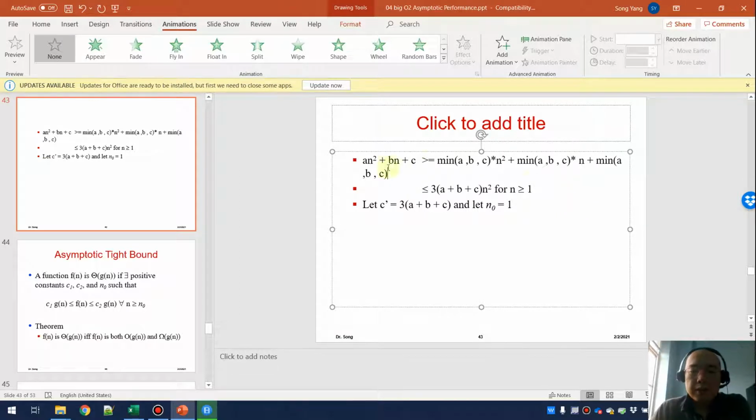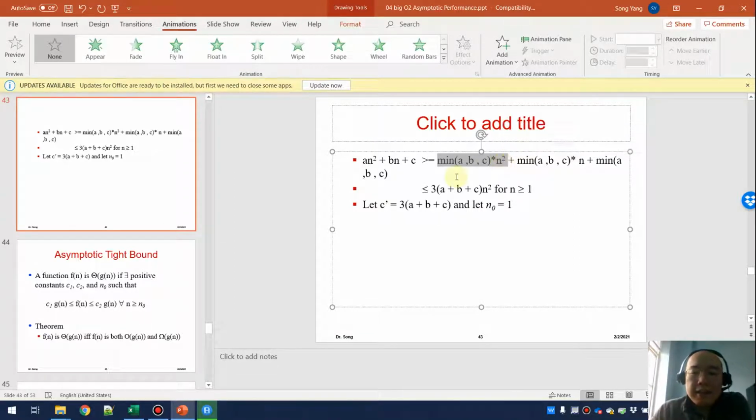The trick is that I am going to find the smallest value among a, b, and c. Then a n squared is guaranteed to be greater than the min of a, b, c multiplied by n squared. Is that true?